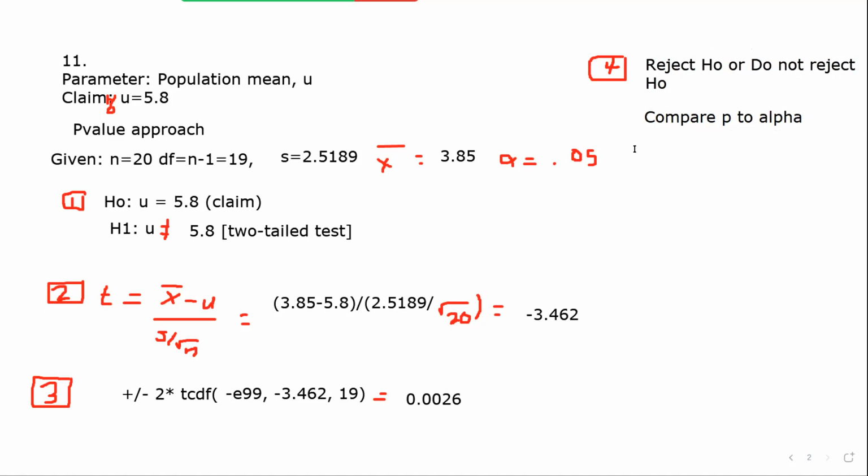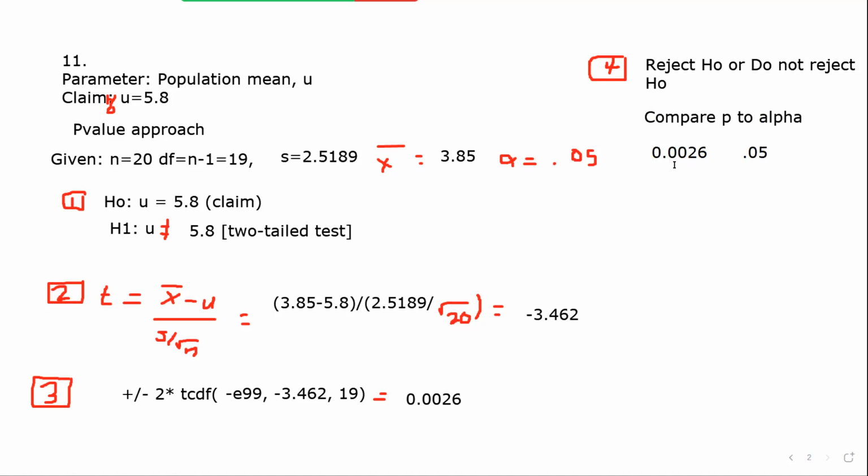Your p-value is what we just got, which is 0.0026. You're going to compare that to alpha. Alpha, remember, comes from the problem. It should be with your givens. This is 0.05. Okay.